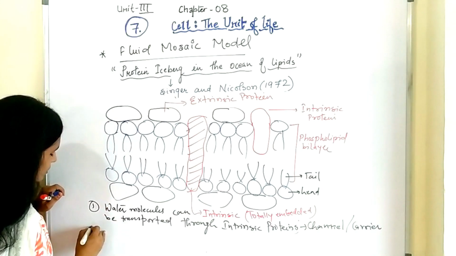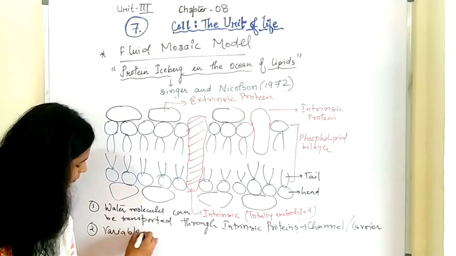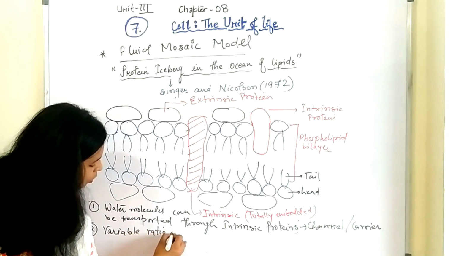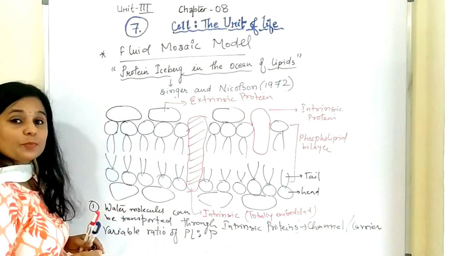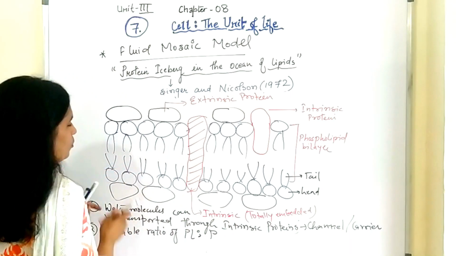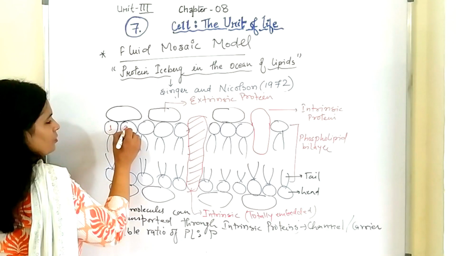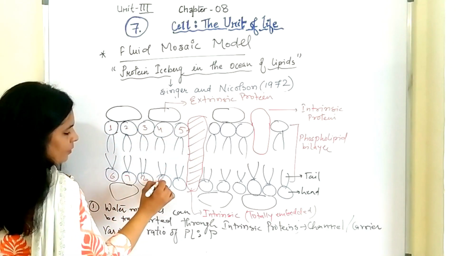Second one is variable ratio of phospholipid protein. This is also very important. Before explaining this point, let me number the phospholipid. Fine.